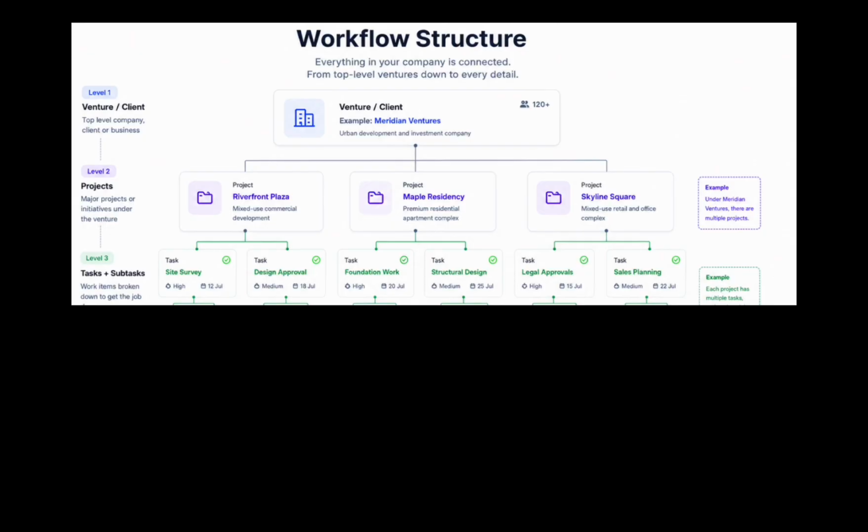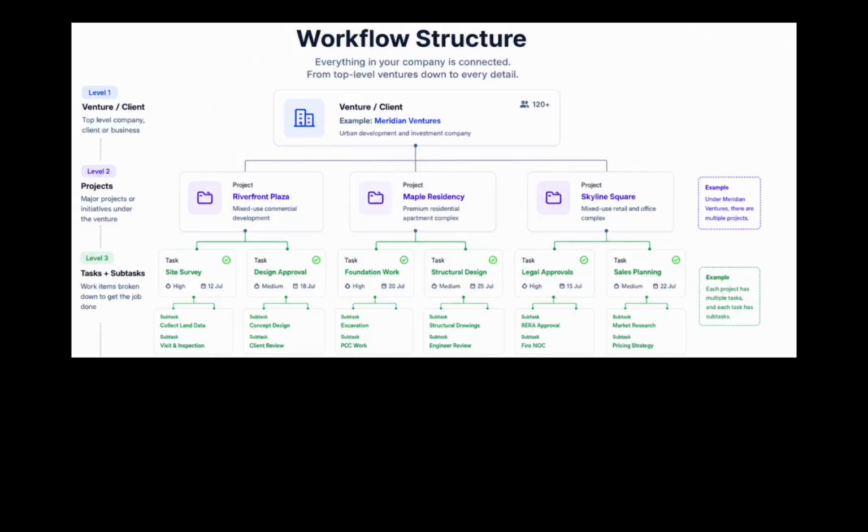Inside every project, we have tasks. A task represents a specific action that needs to be completed inside that project. For example, in this image, projects have tasks like site survey, design approval, foundation work, structural design, etc. If a task has smaller steps inside it, we create them as subtasks.